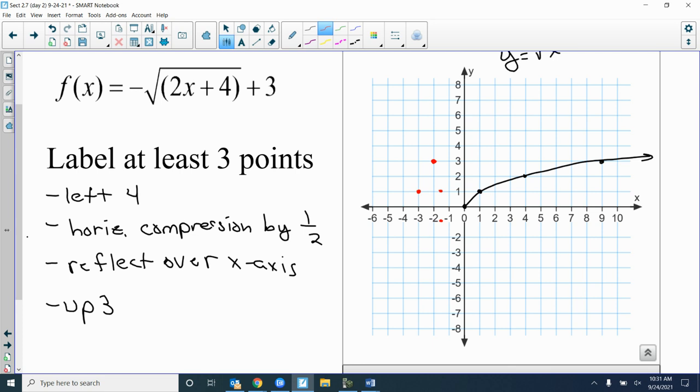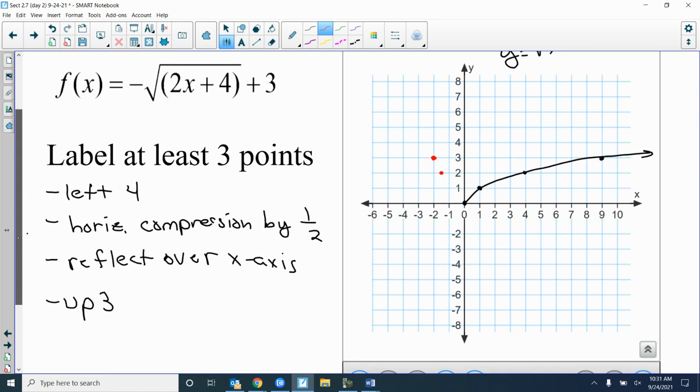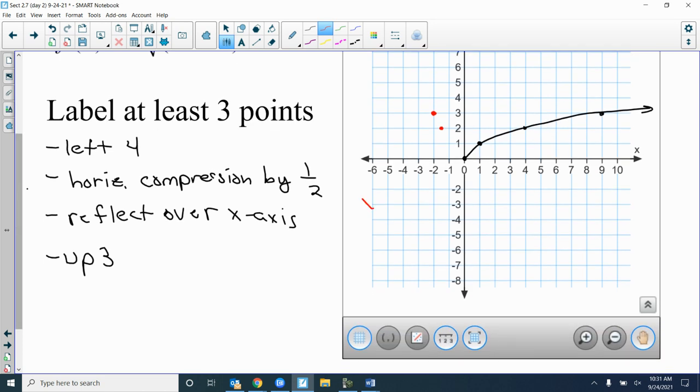So I go up 1, 2, 3. That's my final landing spot. And it looks like it's at -1.5. I'm actually going to list these points. Let's see here. X, Y. So I had -2, 3. I got -1.5, 2. All right, see what you get for the next 2 points.